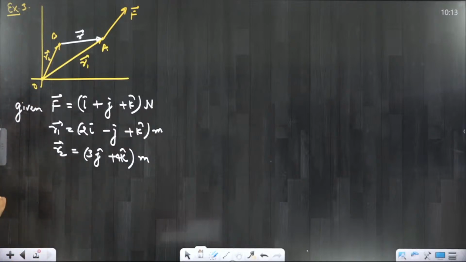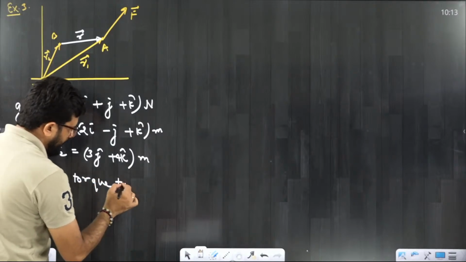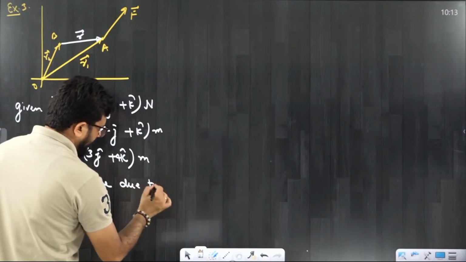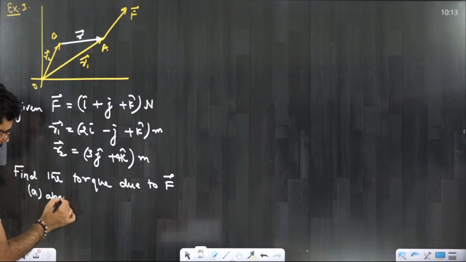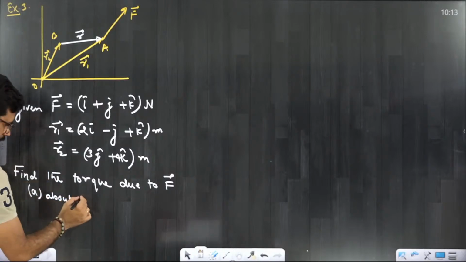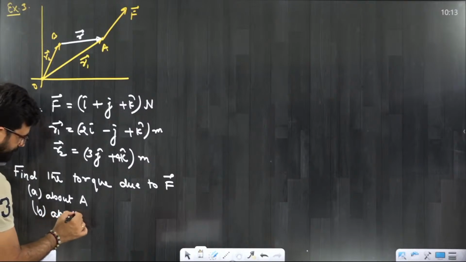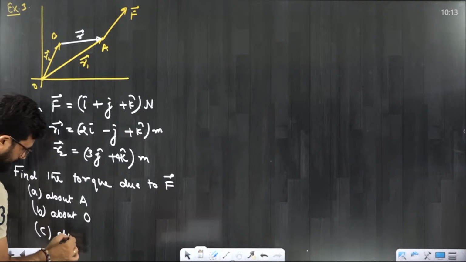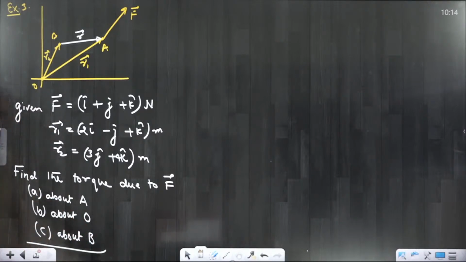Now the question is very simple. Find the torque due to F, first about A, second about O, third about B. These are three simple questions we have to understand.